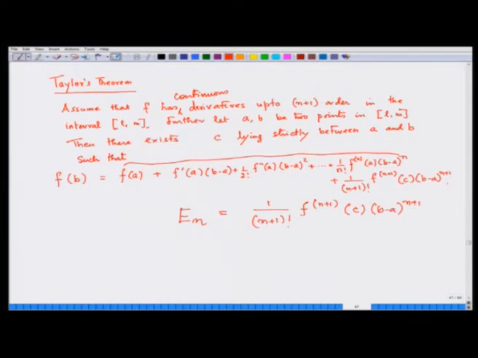Now, because I have assumed that f has continuous derivatives up to n plus 1th order, I have something interesting. It means that this value, f^(n+1)(x), is bounded over the closed interval a b, whatever it is.